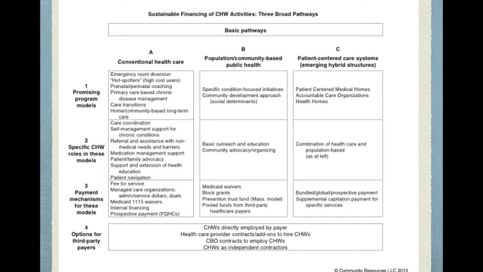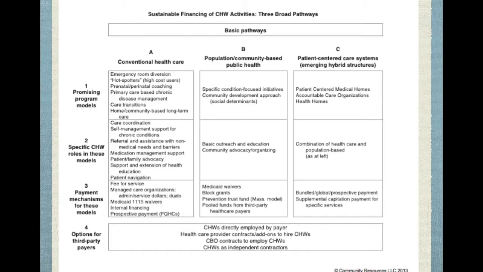In each column there are 3 rows. Row 1 gives some examples of promising program models in each of the funding pathways. Row 2 shows some of the specific roles which community health workers can play in these models. And row 3 shows some possible payment mechanisms that can be used for each of these models.